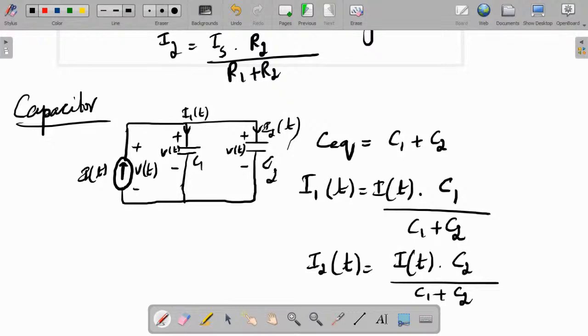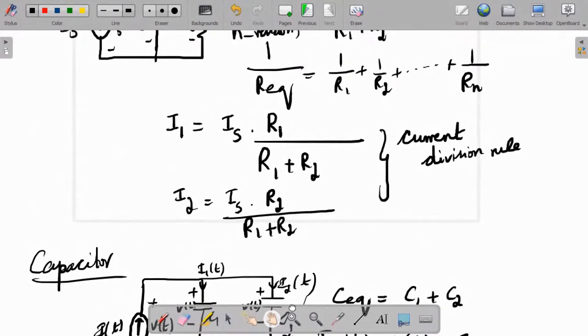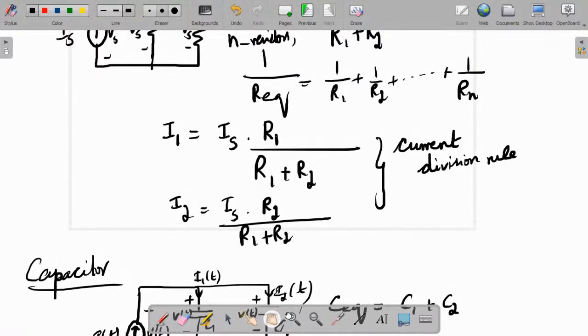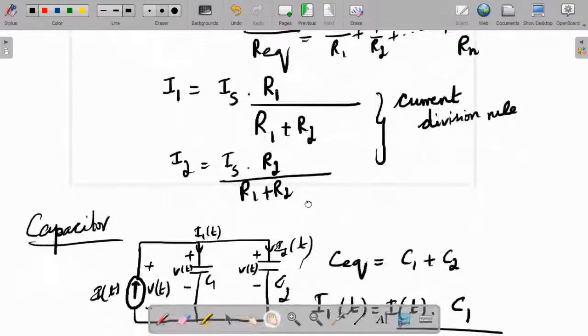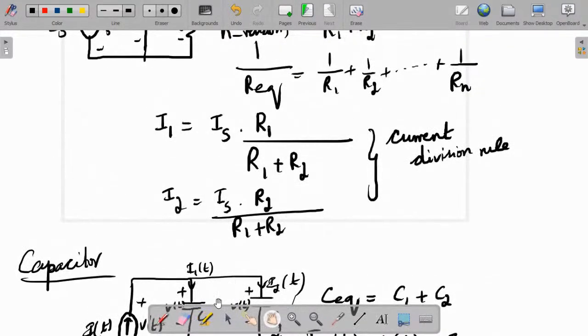Yes, where have you mentioned? One second. Okay, sorry, here it is R2. And this is R1.